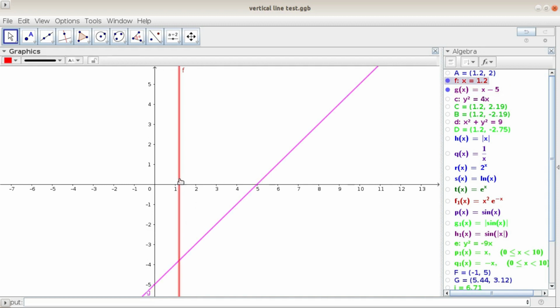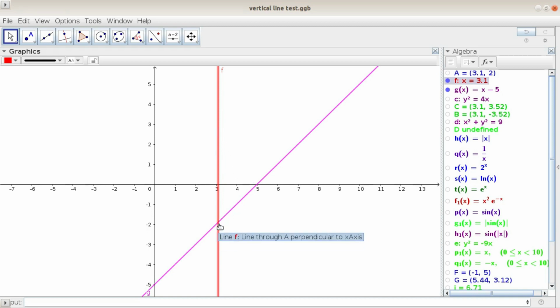When we move this vertical line along the x axis, this vertical line intersects the graph of x minus 5 at a single point. So this graph represents the graph of a function. When the vertical line intersects at a single point, that function, here x minus 5, represents a graph of a function.